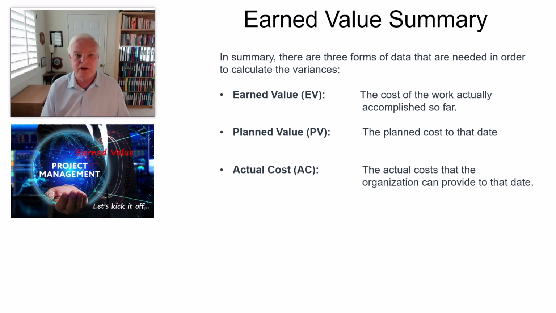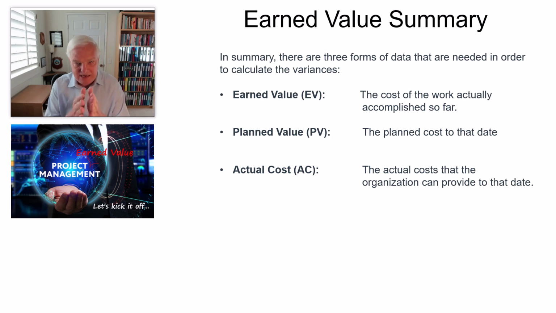So let's talk about these three different variances and how we calculate them. Earned value, EV, is the cost of the work actually accomplished so far at this point in time on the program. And EV can be pulled at any point along the way. PV is the planned cost to that date.